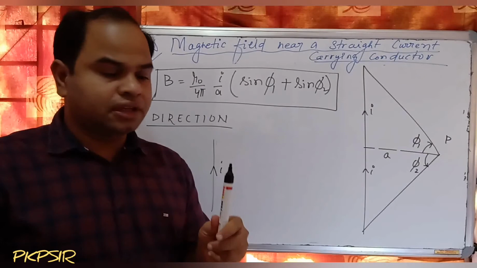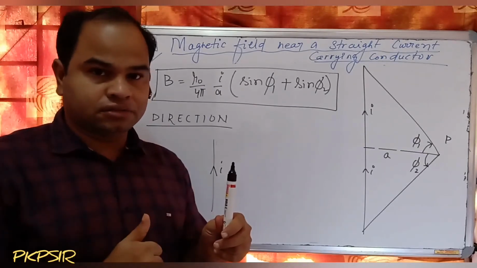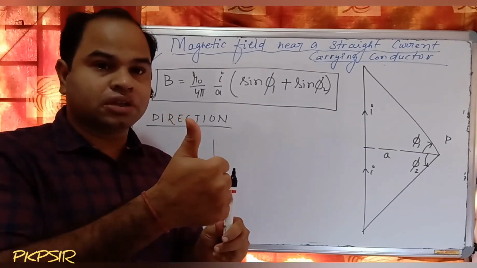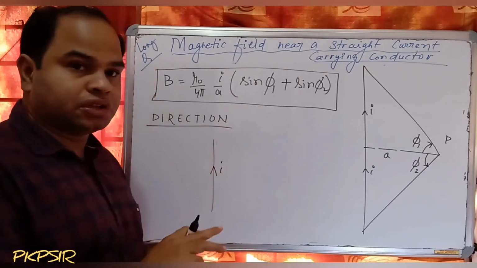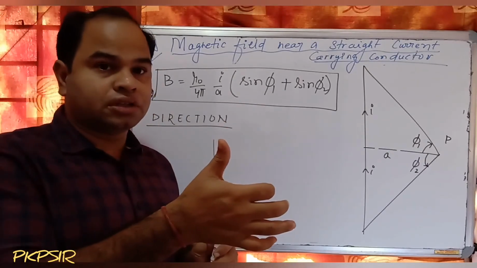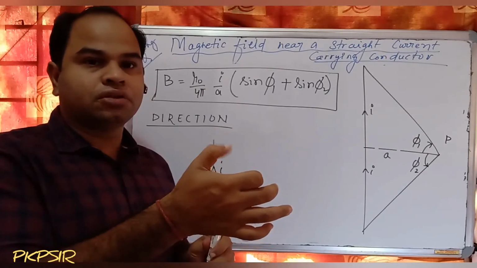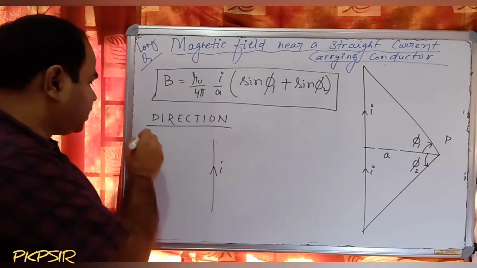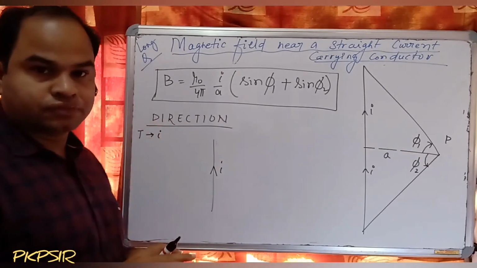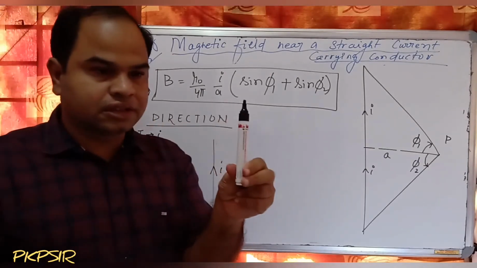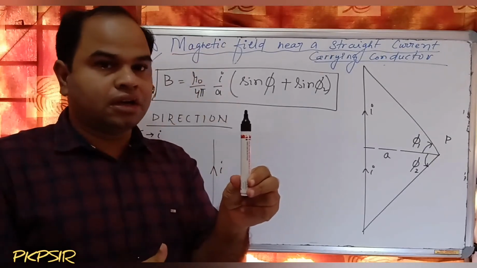Let us take your right hand. In the direction the current is going, let us say this current is moving in the upward direction, we represent the current by the thumb. So your thumb represents current. Let us say this is the conductor and the current is moving in the upward direction.